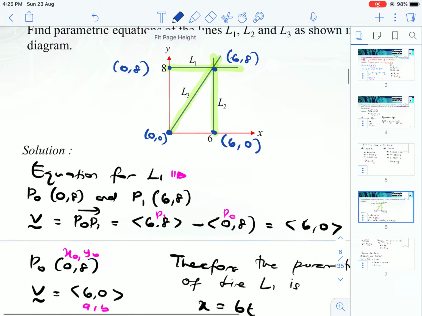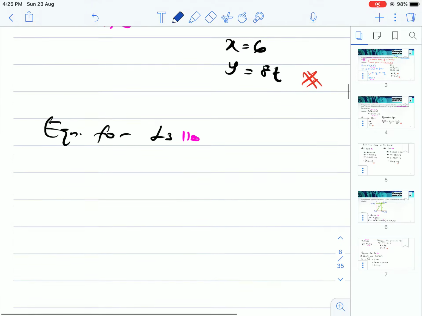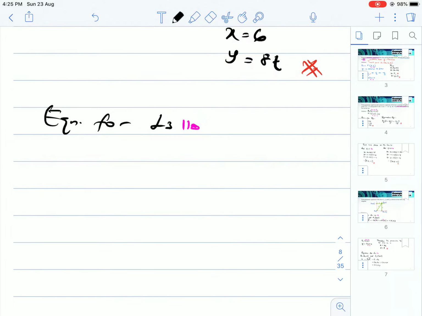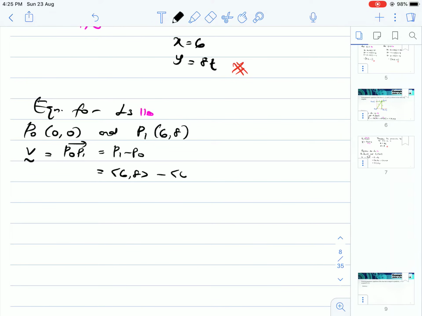So to form the equation for the third line, L3, we have P0 as (0, 0), and again, P1 is (6, 8). Yes, the same step. We need to find V, from P0 to P1. So P1 minus P0, we have (6, 8) minus the vector (0, 0). So we have (6, 8).